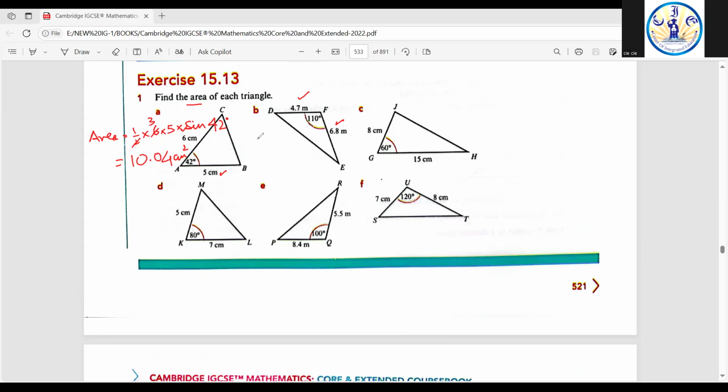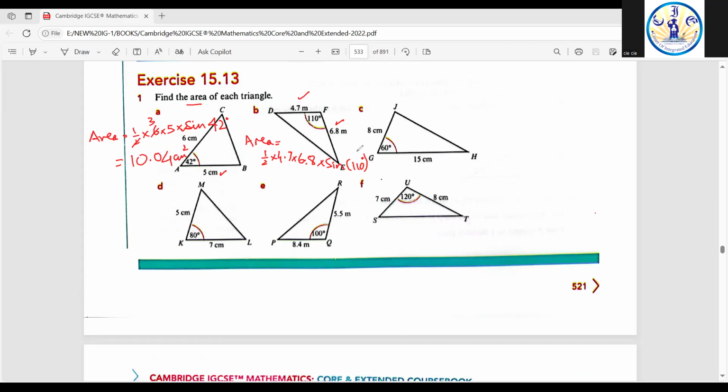Same is the case with the other parts, 4.7 and 6.8, and then sine of this angle 110. So area will be equal to half times 4.7 times 6.8 times sine of 110 degrees.